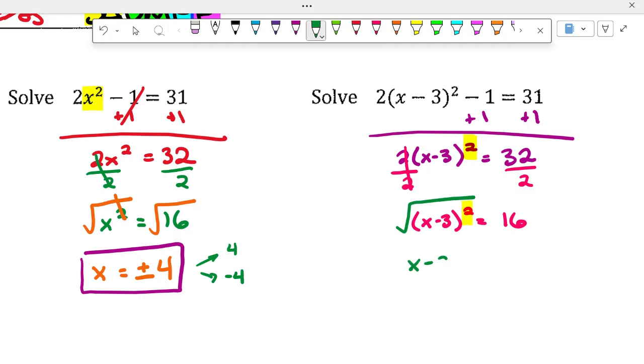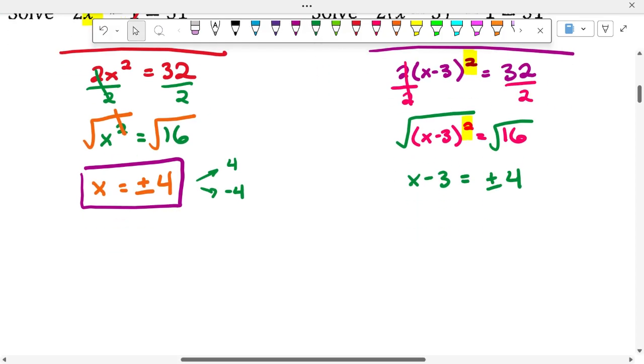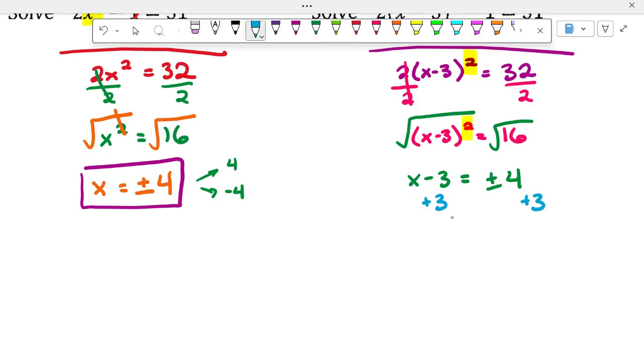So x minus 3 is equal to what? Not just 4, plus or minus 4. And then finally, to get the x by itself, what do we need to do? Add the 3 because it's out of the parentheses now. So x is equal to plus or minus 4 plus 3.